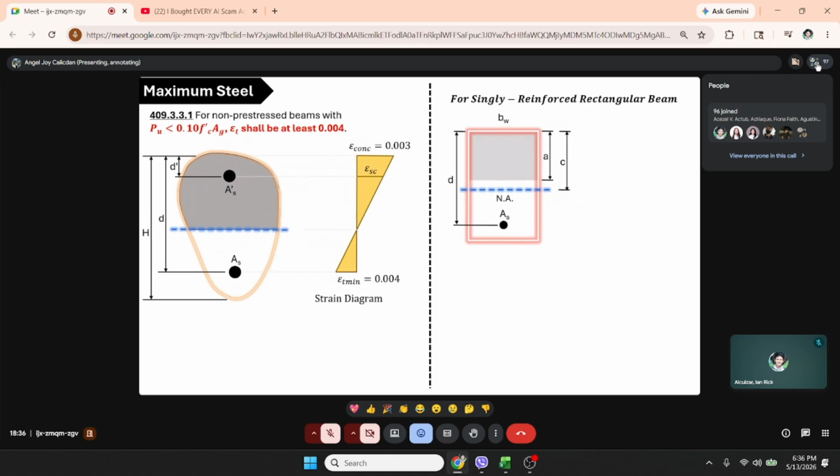And for the maximum condition, when strain is equal to 0.004, we have C max. By ratio and proportion, you'll get C max equal to 3 over 7D.